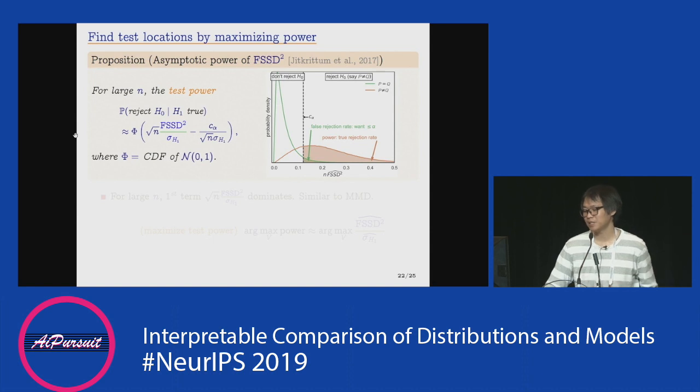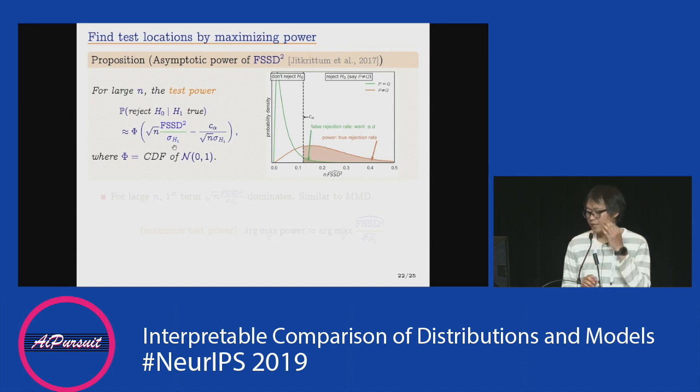So the asymptotic power expression looks like this, where phi is just the CDF of the standard Gaussian, and we get this kind of ratio as in MMD, but in this case it's the FSSD squared divided by the standard deviation under the alternative distribution of FSSD.